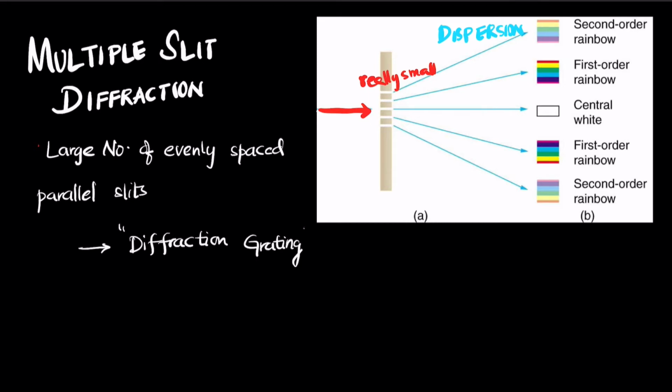A diffraction grating is basically a device where you put evenly spaced parallel slits and pass light through them.